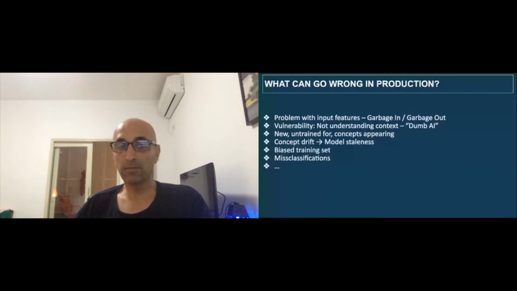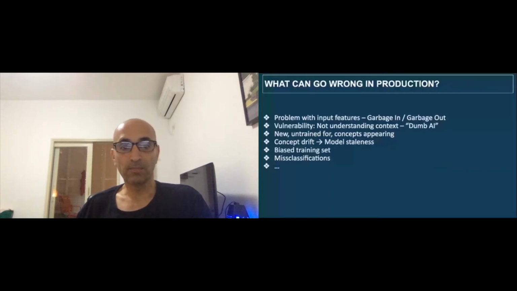For example, if you design a churn prediction model for games, it could be that the game mechanics have changed, and what constituted churn before, or the things that would help you understand churn before, actually drifted, and you need to retrain your models. Your models are stale. Then you have biased training sets. You have misclassifications. There could be a lot of reasons and a lot of things that could go wrong.